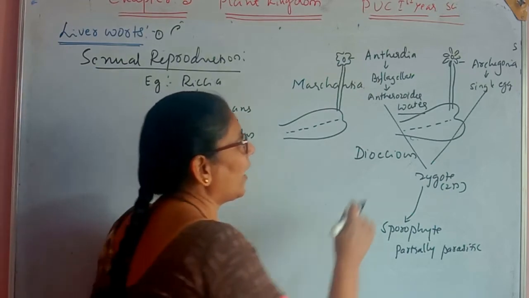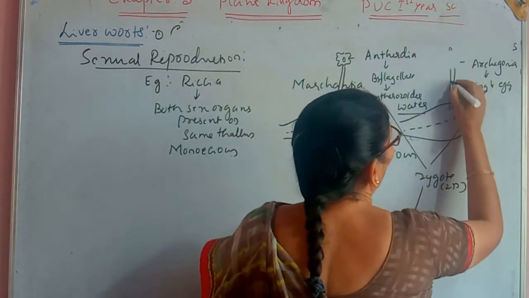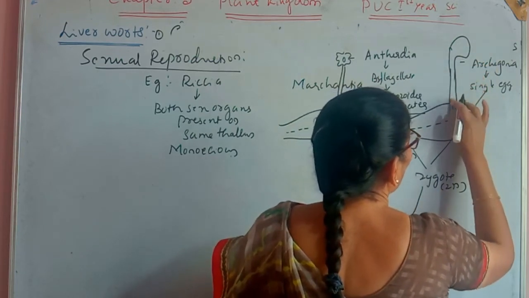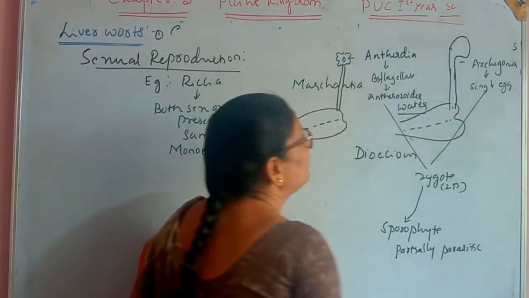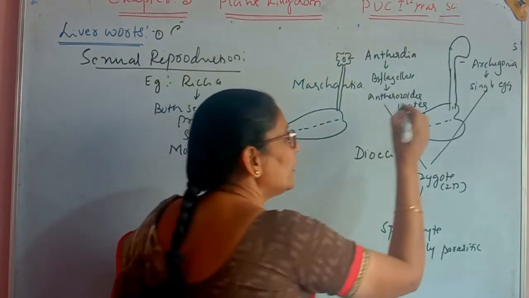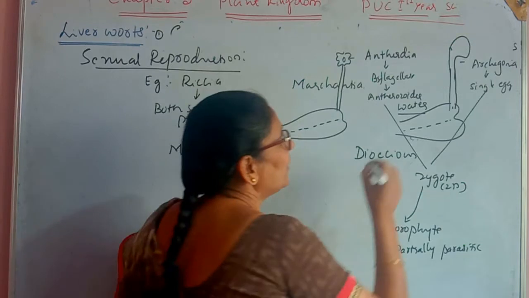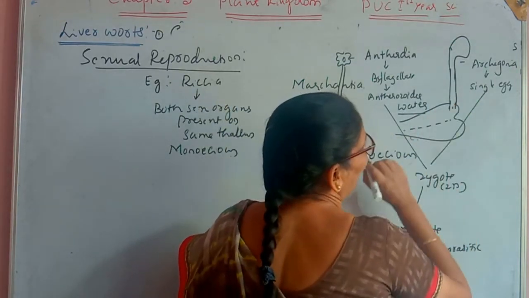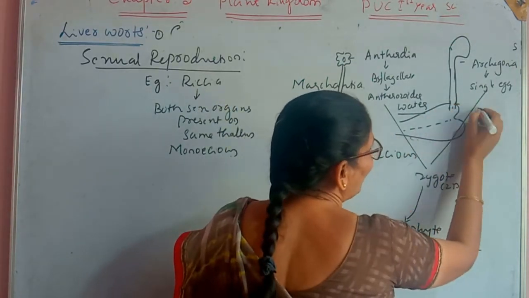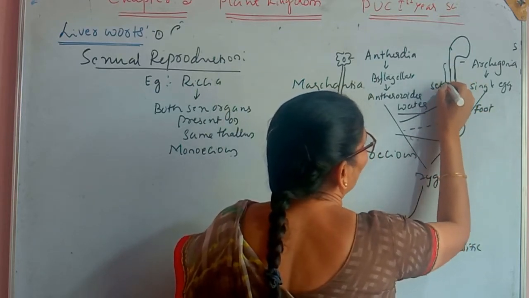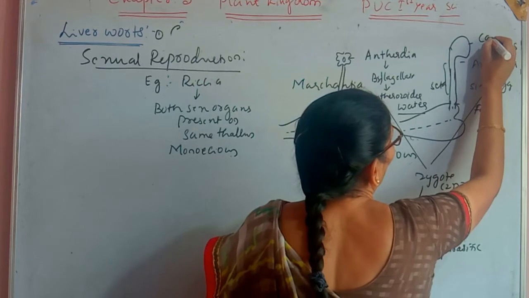The sporophyte formation takes place on the female thallus, and it gets nourishment from the female gametophyte. The structure of the sporophyte has three parts: the foot, the stalk-like structure called the seta, and the bulged portion called the capsule.